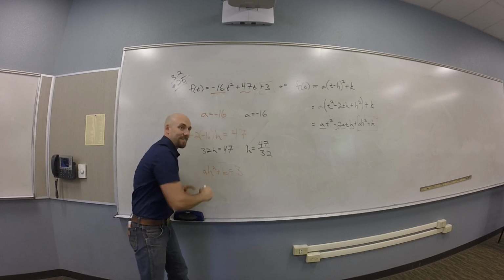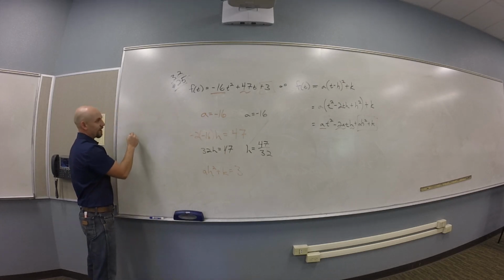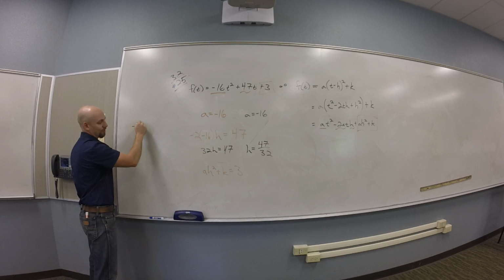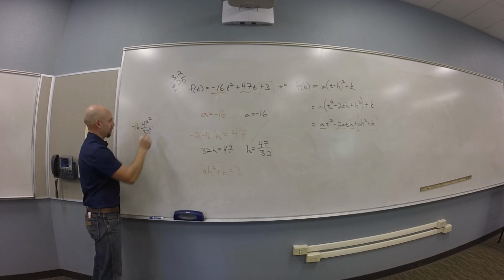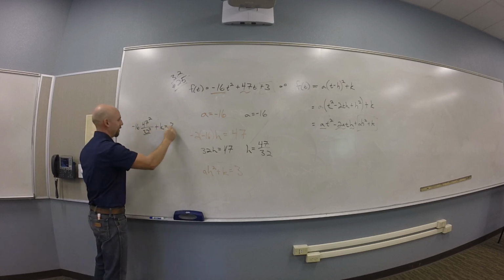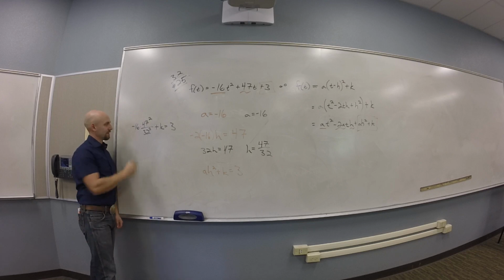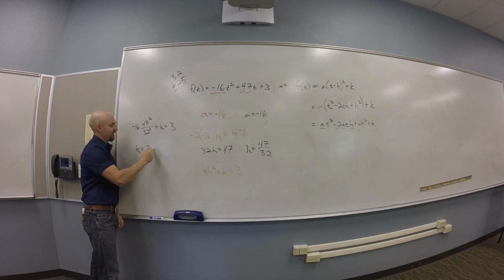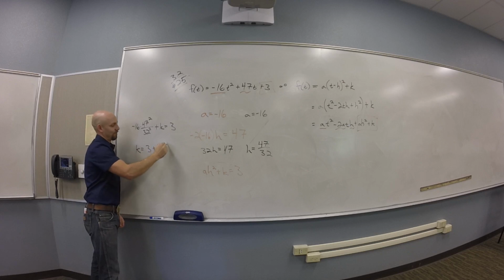So negative 16 times 47 squared over 32 squared plus k equals 3. So k is 3 plus 16 times 47 over 32 all squared.